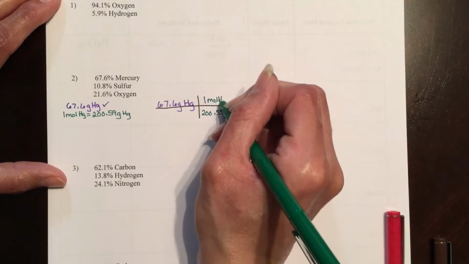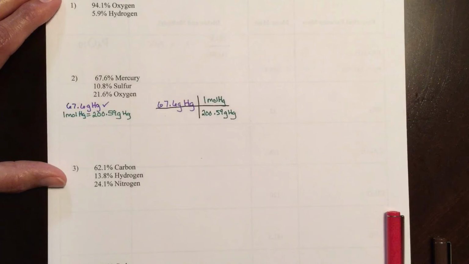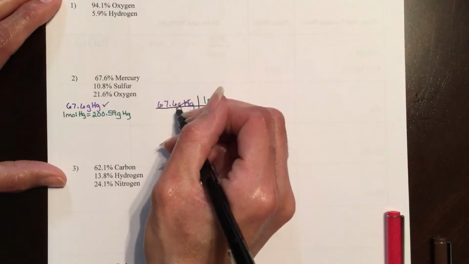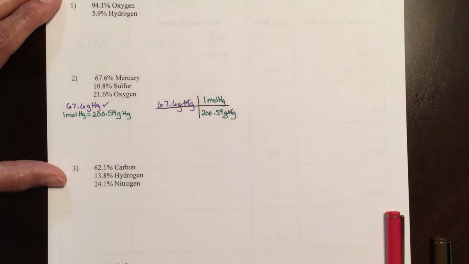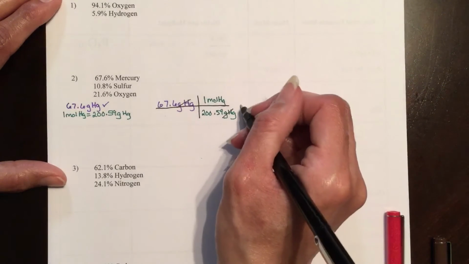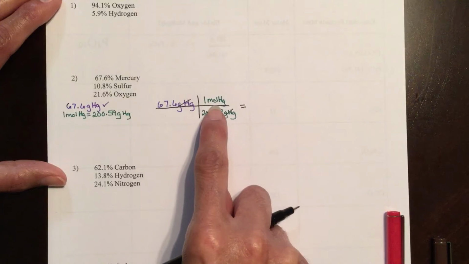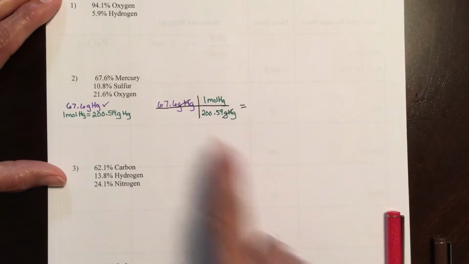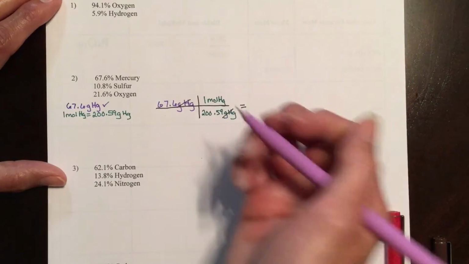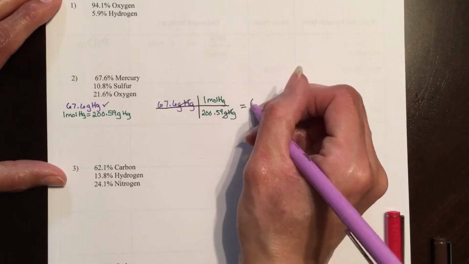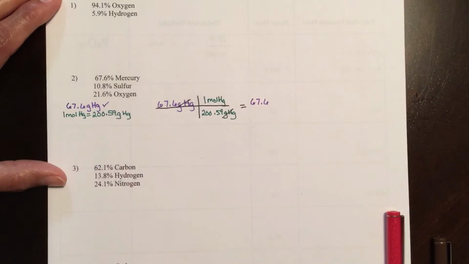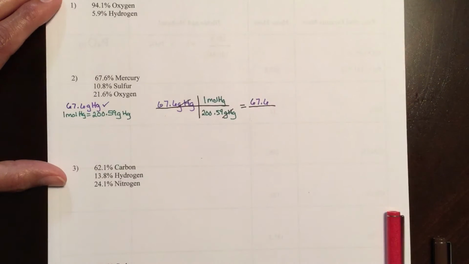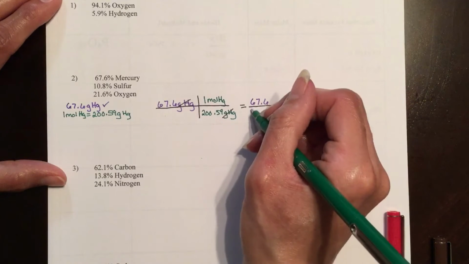Now, again, since the grams of mercury are diagonal, I can eliminate that. And I end up with moles. And that's exactly where I want to be. I'm going to multiply across. 67.6 times 1 is 67.6, divided by 200.59.